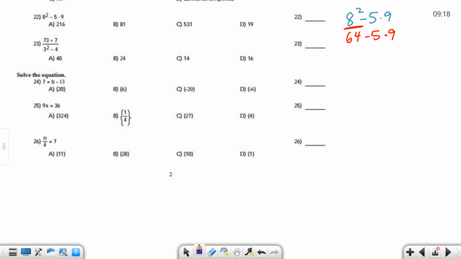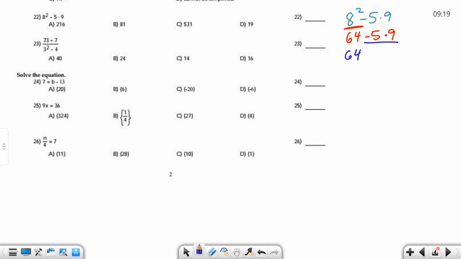Now I do multiply and divide, and here's the key. You multiply and divide as you get to them from left to right. So if you get a division first, you do that first, and then you multiply. It's not always multiply before divide. Remember PEMDAS. So here I have 64 minus 5 times 9. I do the multiplication first, the M over the subtraction.